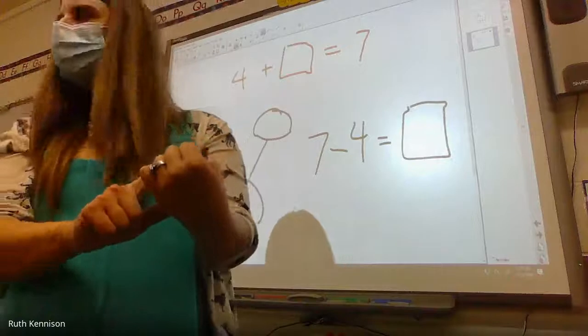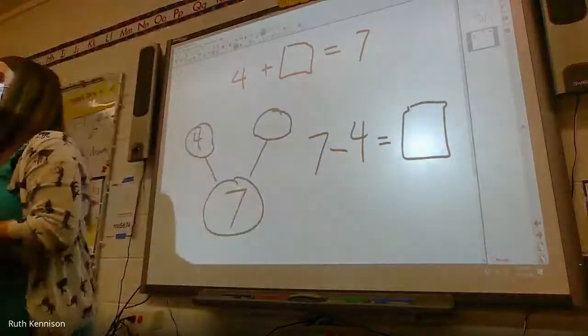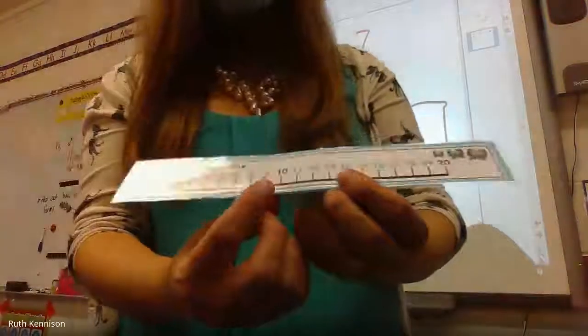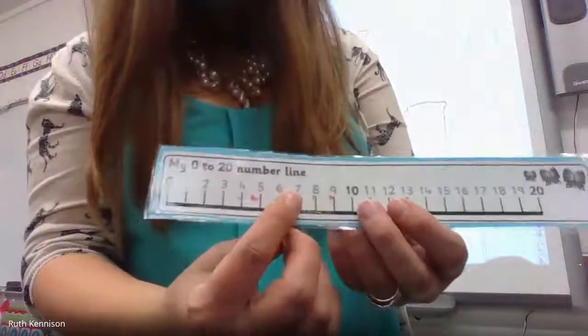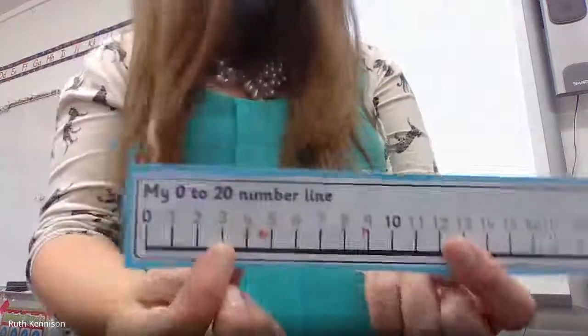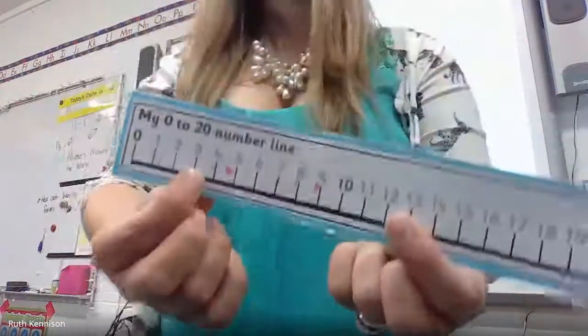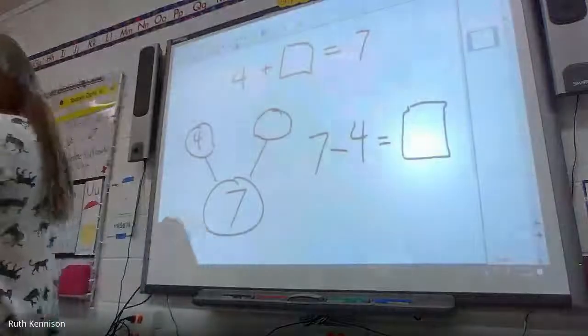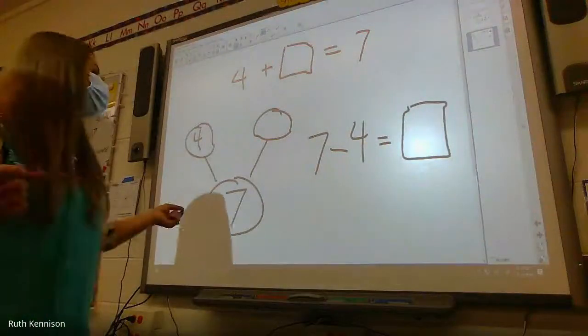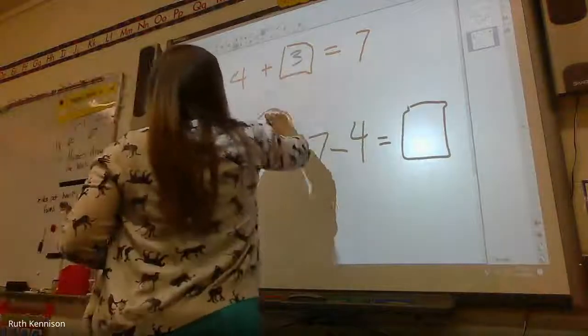Did we land on the same number we've done before? Yes. If we did it on a number line, we'd start at 7 and hop backwards 4 hops. 1, 2, 3, 4 hops. Landed us on 3. So there's a lot of different ways we can solve these problems. We get 3 either way.